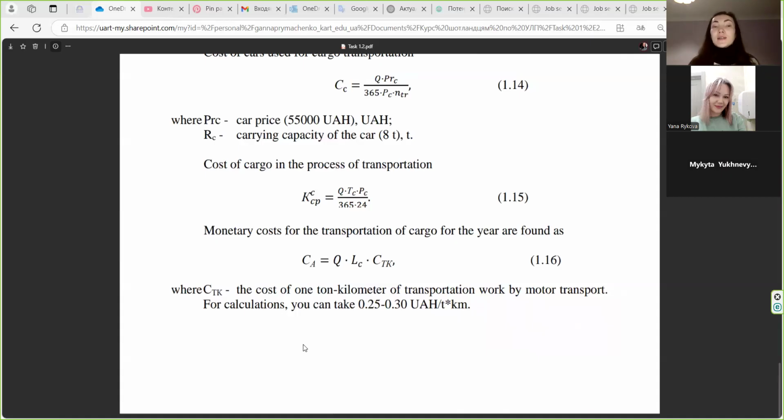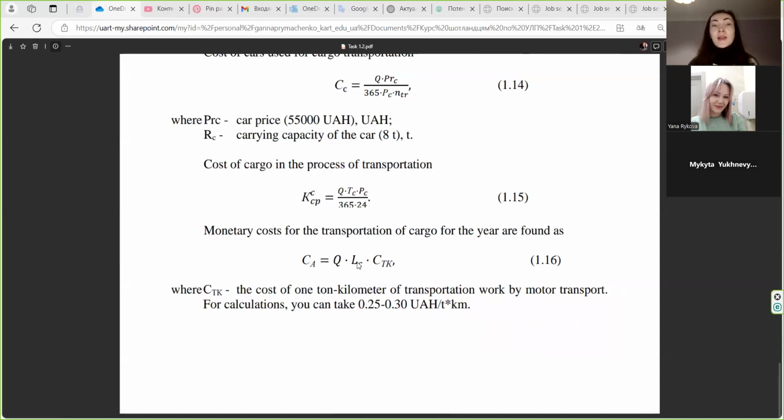Okay, write please C with index A is equal to, and the first parameter is big Q. We use it also in tons as in previous formulas. Please find it in your previous formula 1.14.